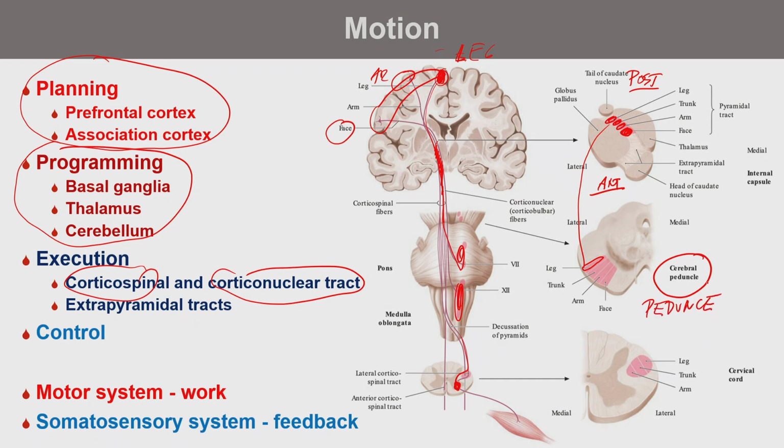And you can see again the organization is the same. Then the cortical part, the corticospinal tract: a part is crossing, a part is not crossing, and we will know in some seconds how many fibers are crossing.